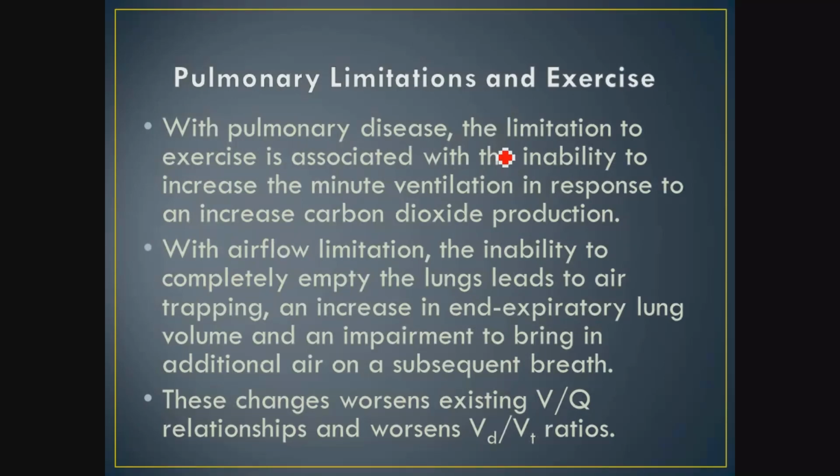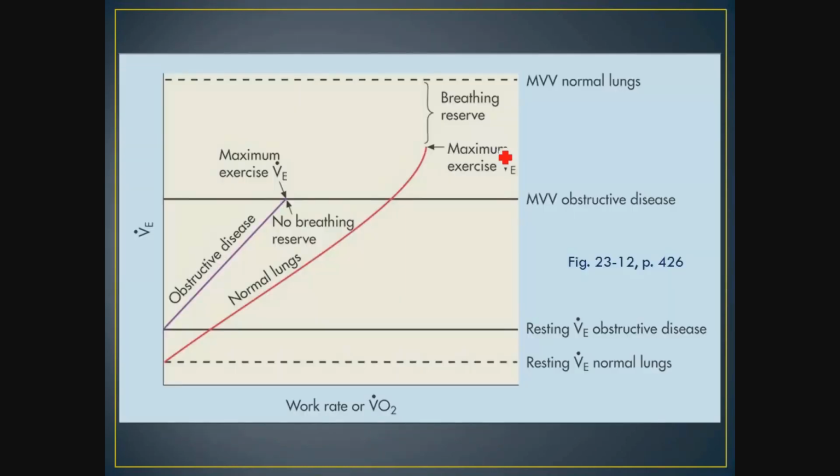So they have the inability to blow off more CO2 as the CO2 levels rise, and we end up seeing worsening problems. They don't reach the maximum level that they potentially could. As you can see, with the normal lungs in red, the amount of obstructive disease is going to end up stopping well before that, because functionally they can't generate that much volume in and out.